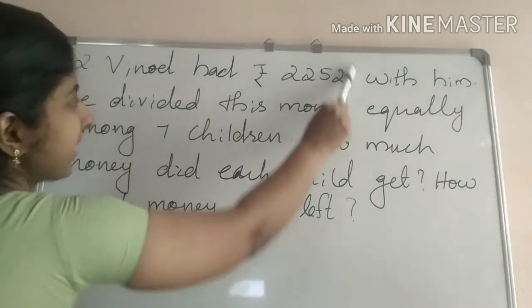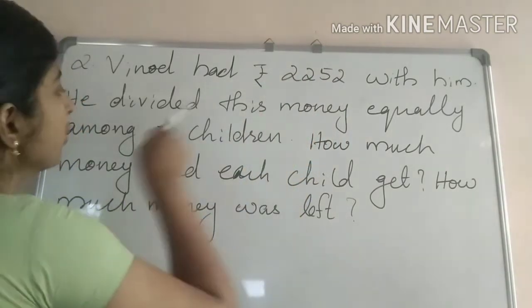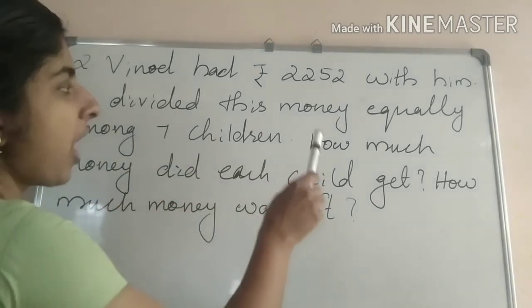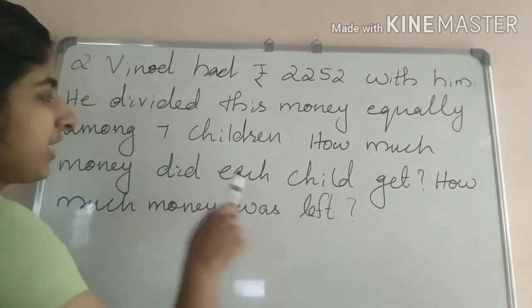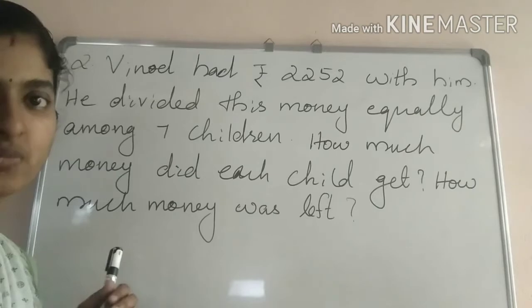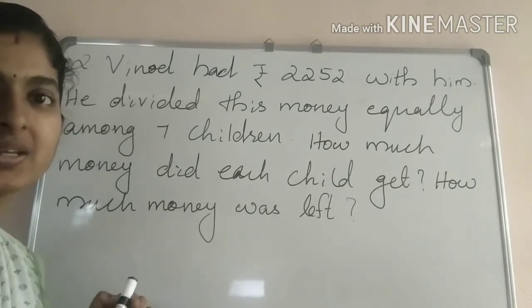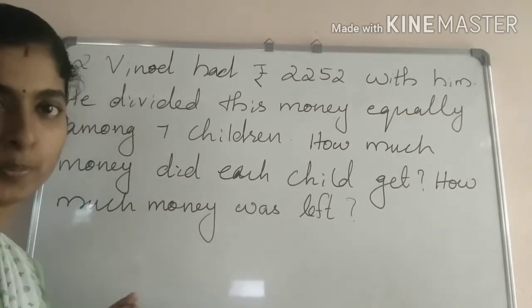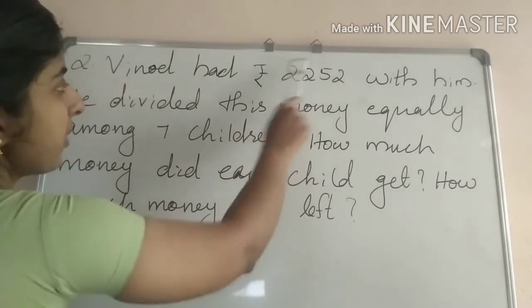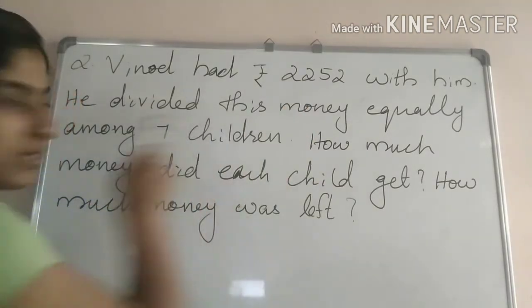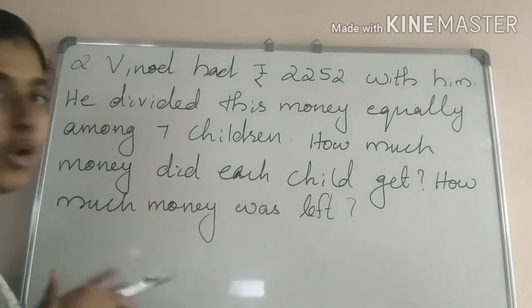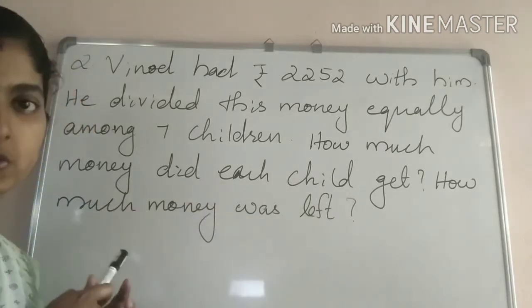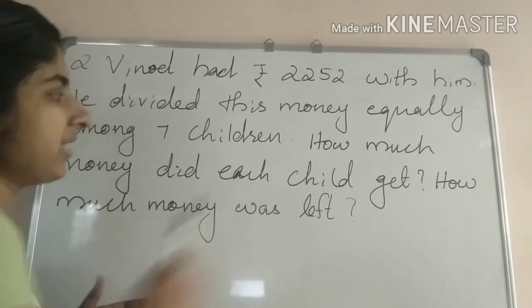This amount is divided equally among 7 children, and we find how much money each child gets. And how many rupees are left, the balance?